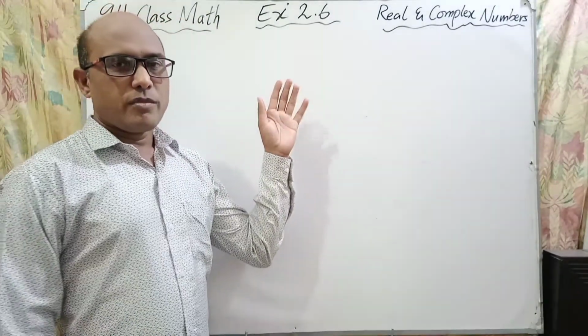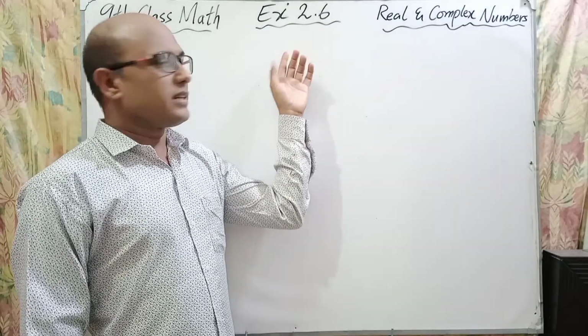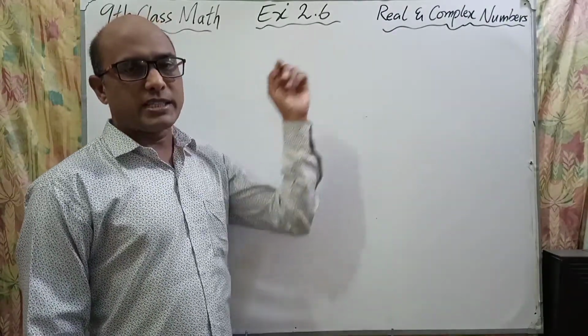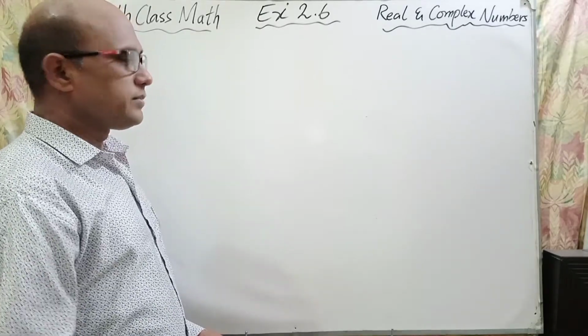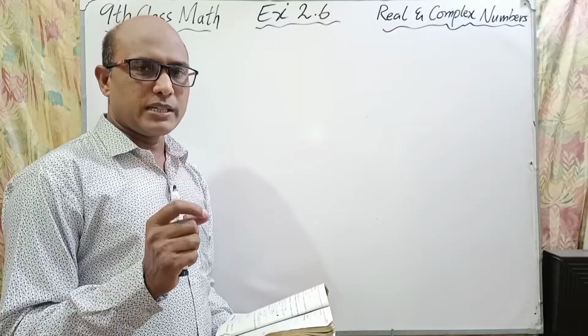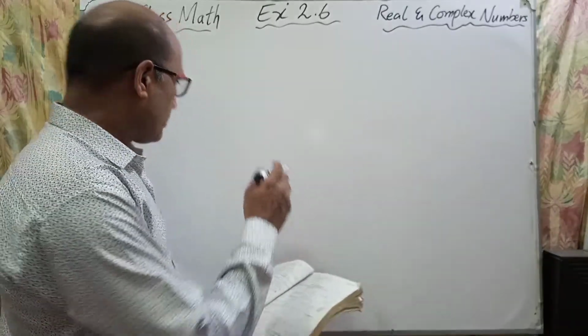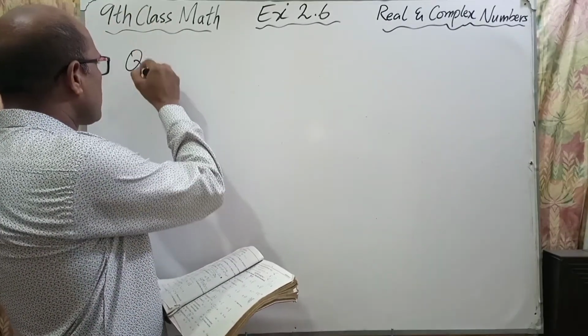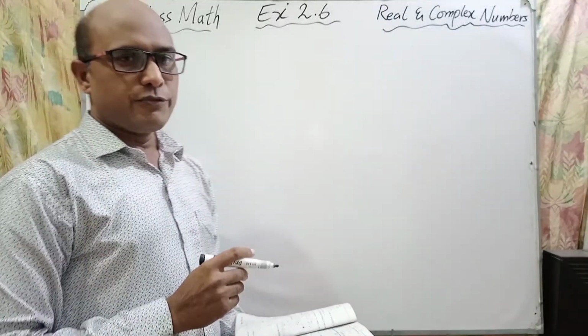As you know, I have started chapter 2 and we are doing exercise 2.6. Today I will solve some important and difficult questions for you. Students, I will solve question number 4.